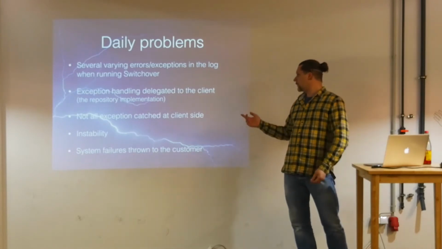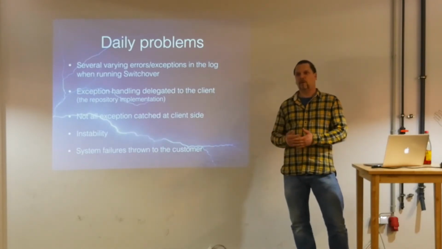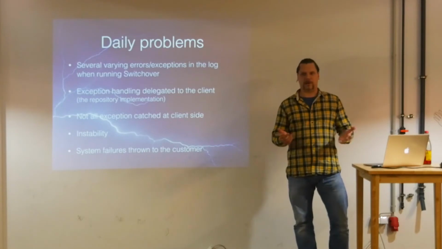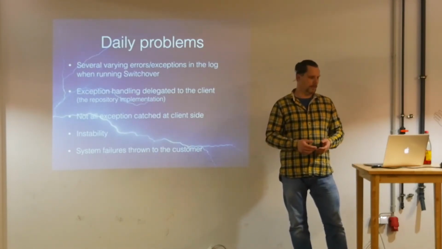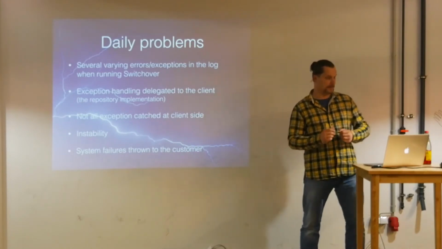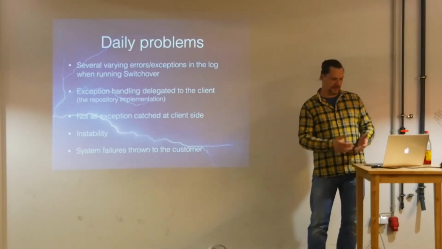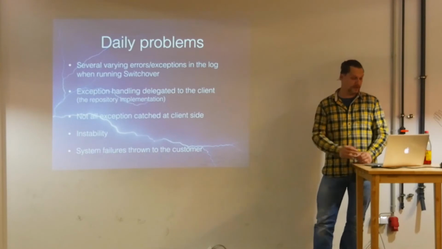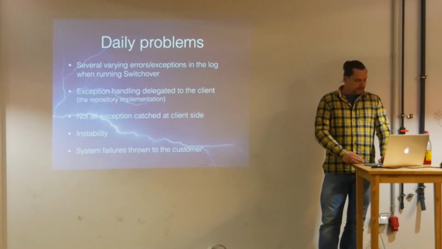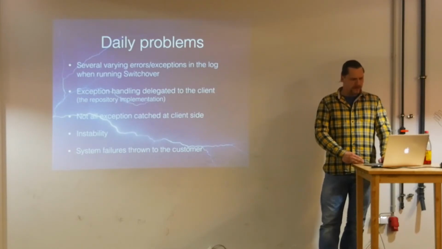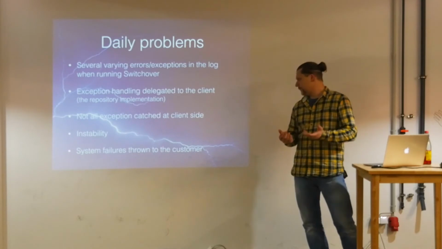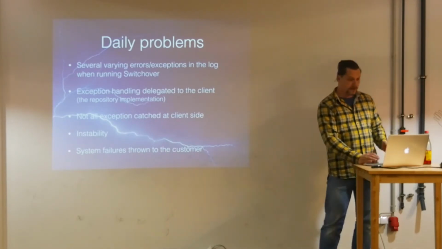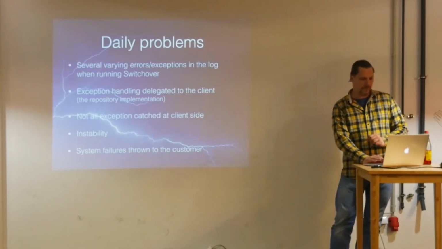The exception is not caught on the client side and is moved to the front end. The customer gets an error message: "Applikation ist vorübergehend nicht erreichbar", application not accessible, or some server error occurs. This gives us instability, and the customer sees some errors. That's just not what we want.